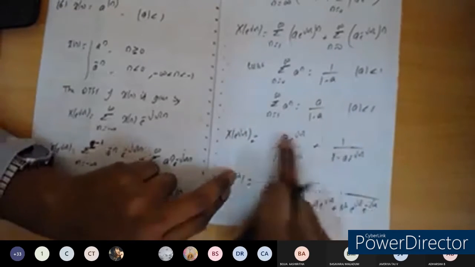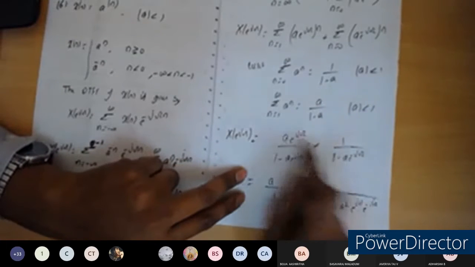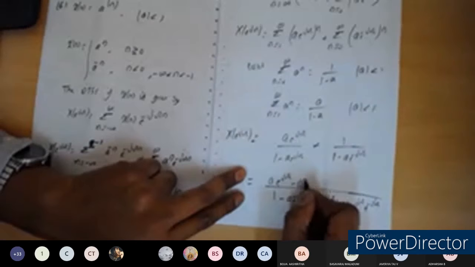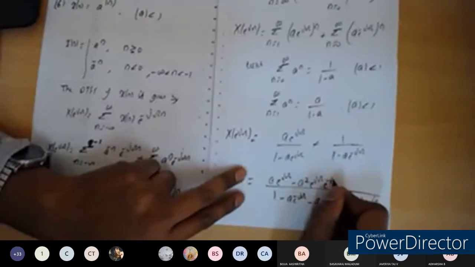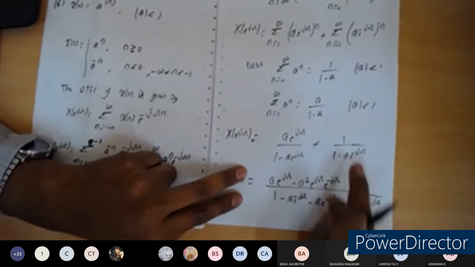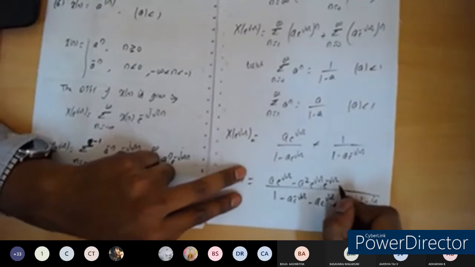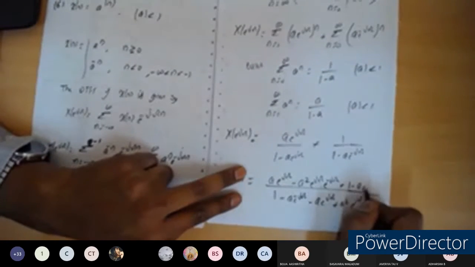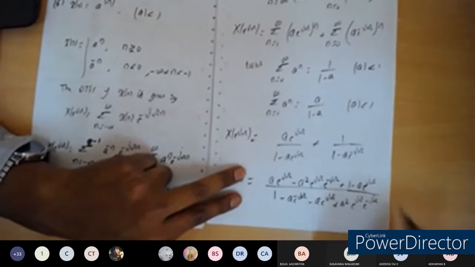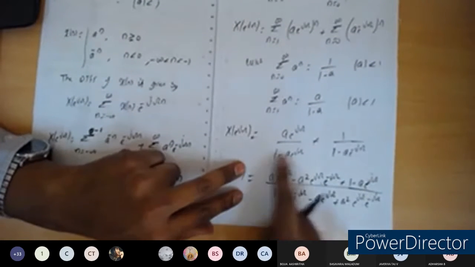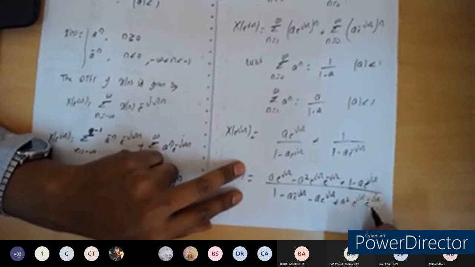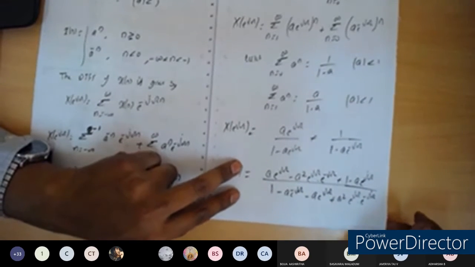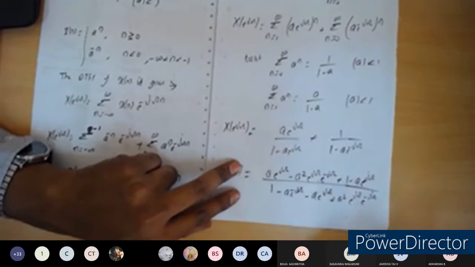So the denominator is 1 minus a e to the power of j omega multiplied by 1 minus a e to the power of minus j omega. We have taken the LCM and directly multiplied the quantities, so e to the power of j omega times e to the power of minus j omega will become 1.